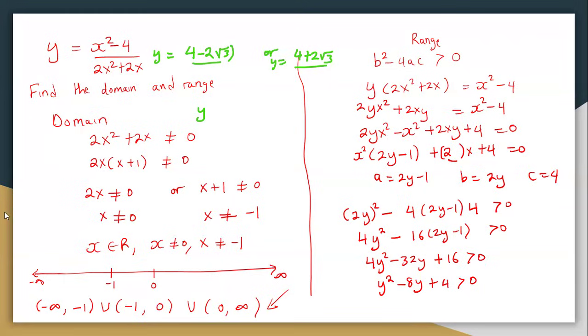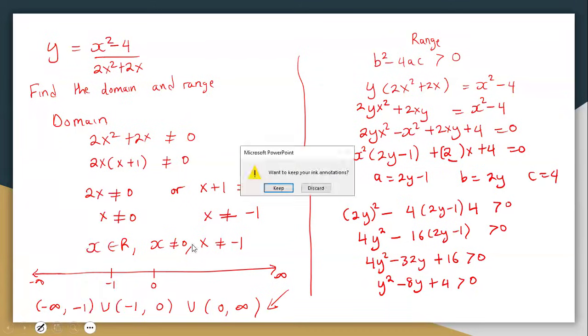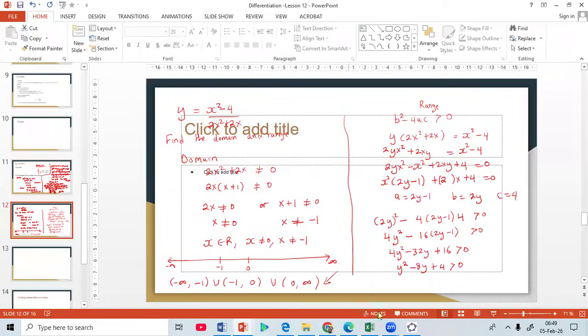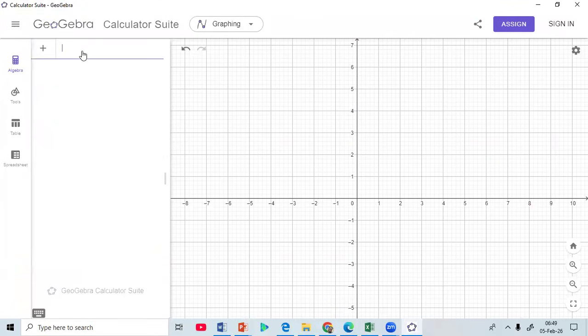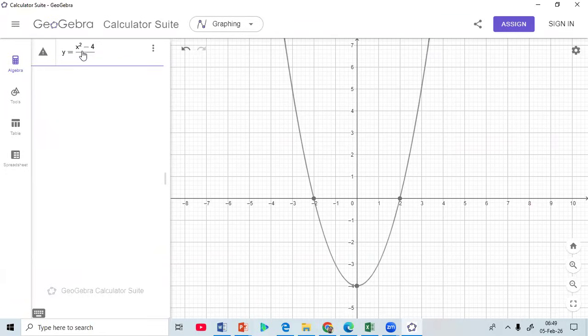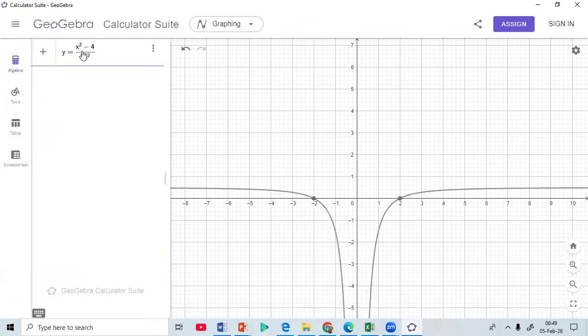Then I'm going to draw this graph at this point, and then I'll be showing you how this graph looks when you draw it.